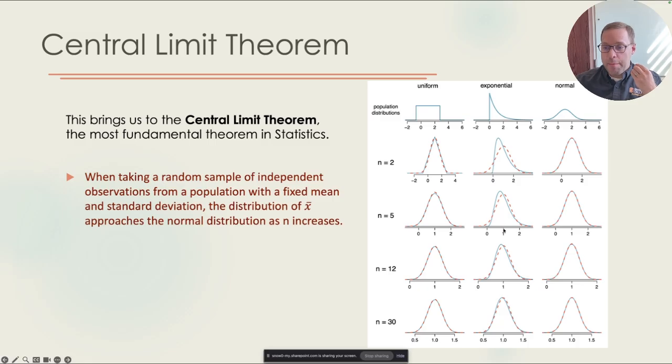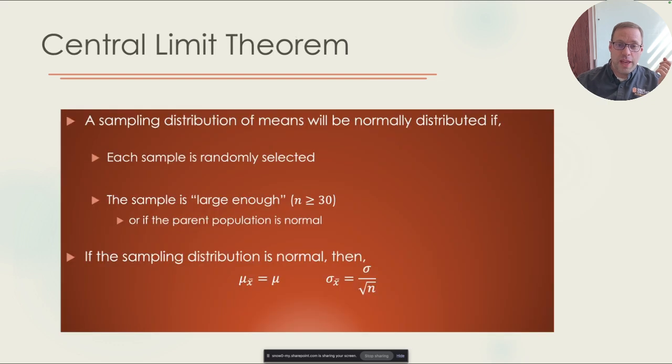Again, if the population is normal, then smaller samples will be normally distributed right from the beginning with smaller samples, okay? So that will work. If those two are satisfied, then we can use these equations, and I'll show you those again in the next video.